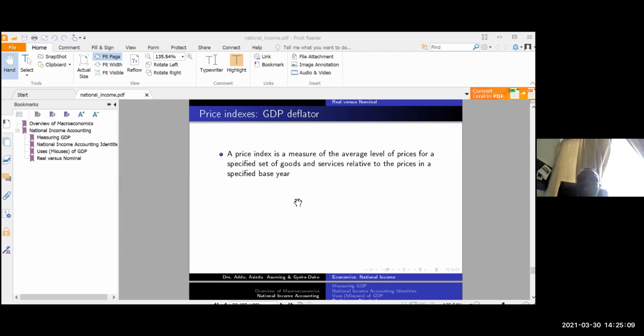So a price index is a measure of the average level of prices for a specific set of goods and services relative to the price in a specific base year. It's a consuming economy, okay, to improve our well-being.